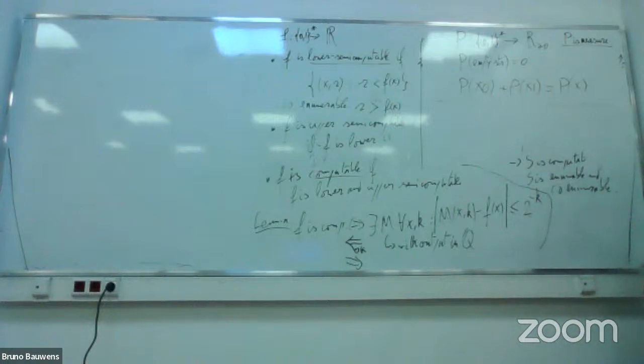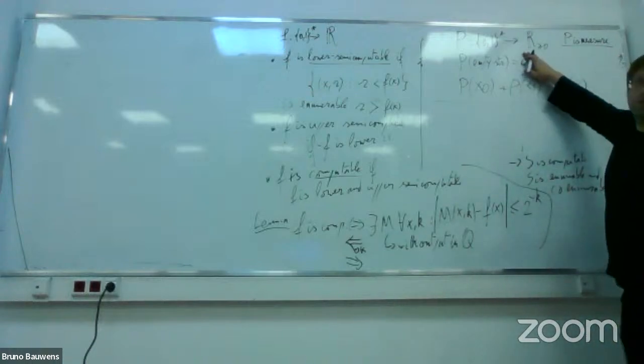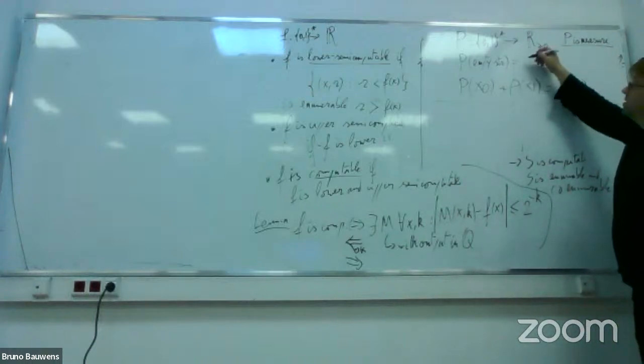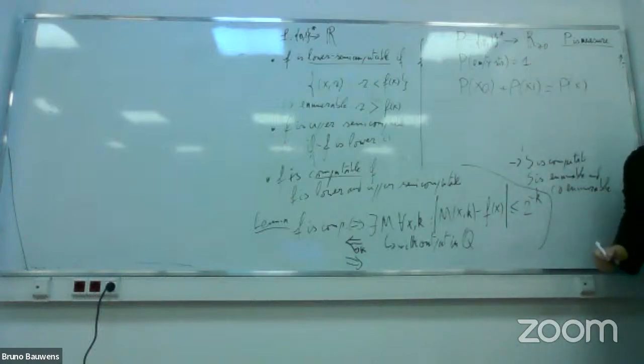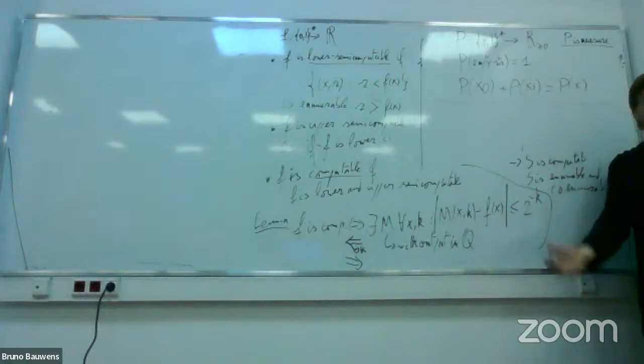We also have semi-measures. I will soon explain why semi-measures are extremely useful in sequence prediction. So in a semi-measure, sorry, not 0 here, this is a mistake. So please, each time I say something stupid, it's important you tell me about it.